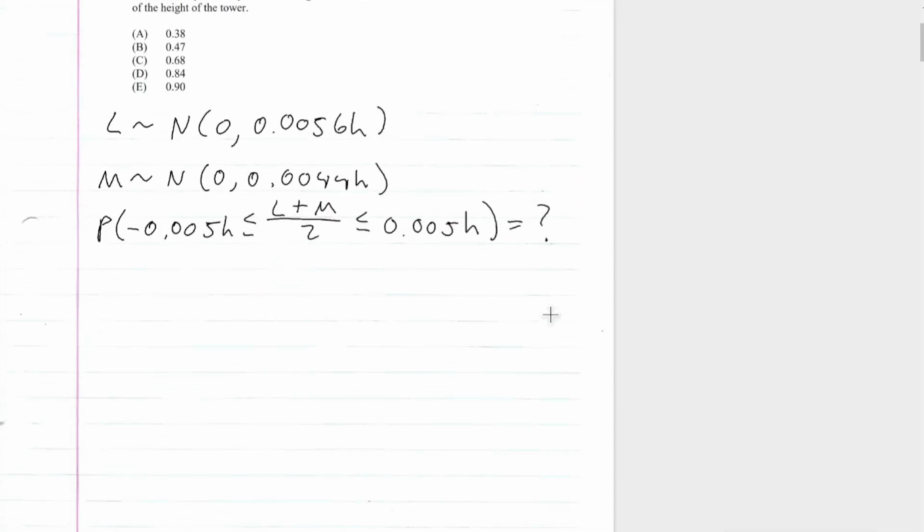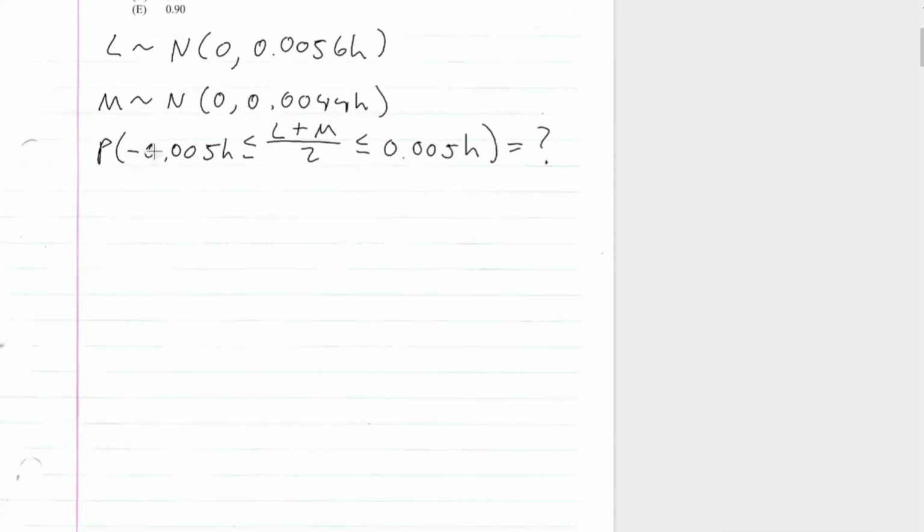Okay, so we need to find the mean for this distribution, L plus M over 2, and the standard deviation. So let's go ahead and find the expected value of L plus M over 2.